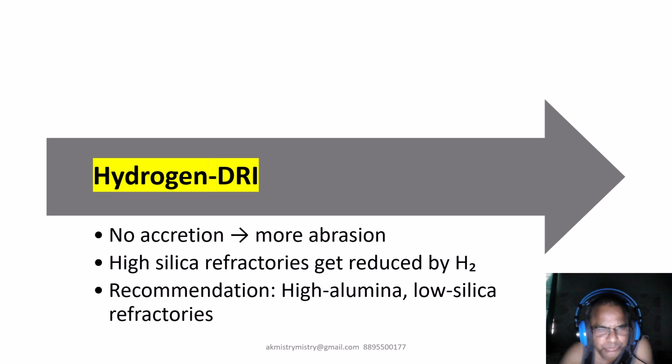Now coming to the case of the hydrogen DRI shaft. Here, as we can see, unlike coal-based DRI plants, we don't have any ash, and so there is no accretion.